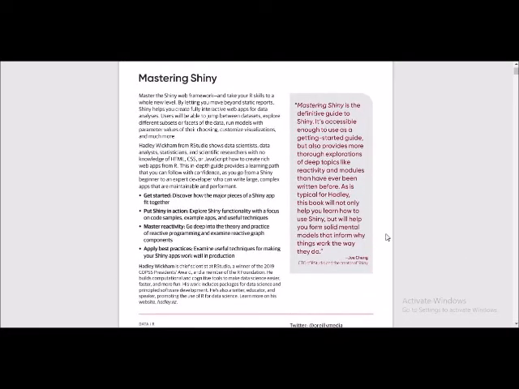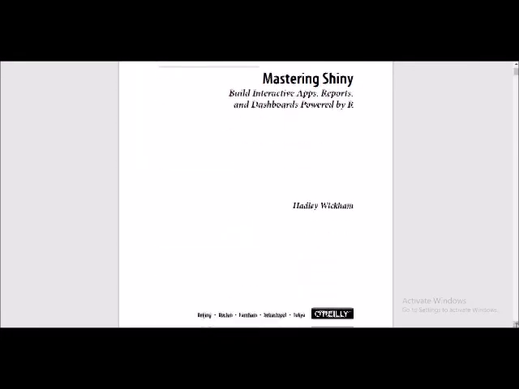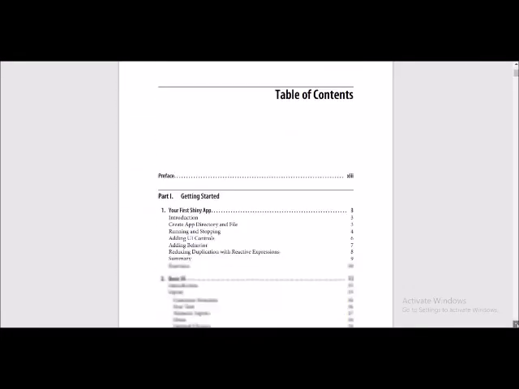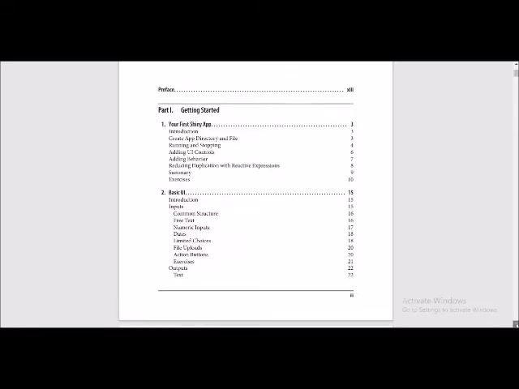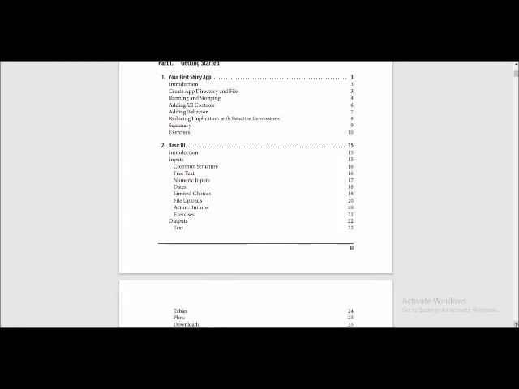Your first Shiny app, everybody uses it, and he discusses in depth what the basic UI is. I will be focusing on that and reading from this particular book because he has explained it very nicely. What is the basic reactivity that we are looking for and what all is available.